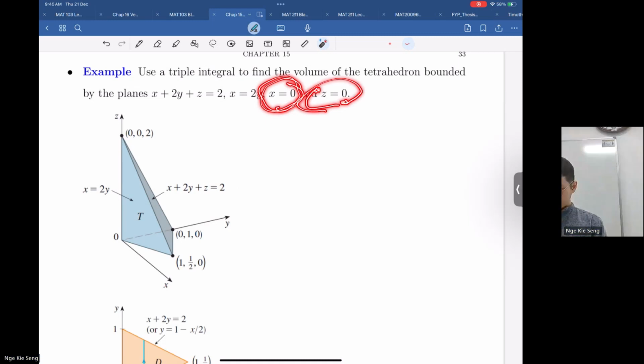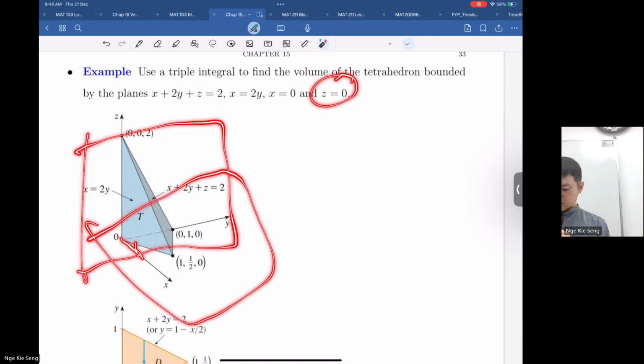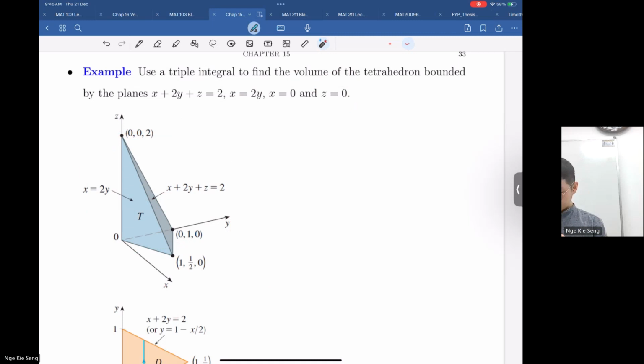x equals 0 is which plane? The zy plane, correct. So it's this vertical plane here. And z equals 0 is the horizontal plane, where your height is 0. Together they bound this tetrahedron.